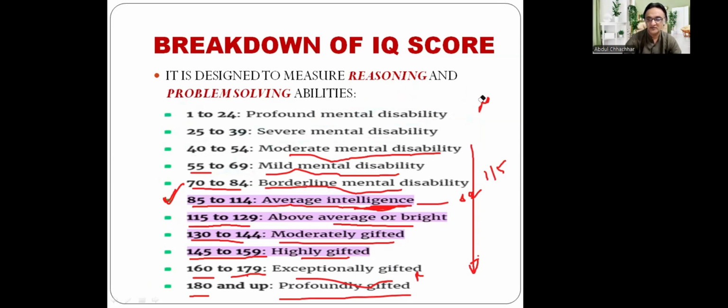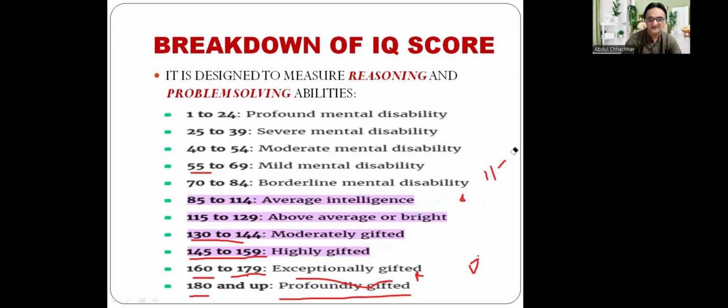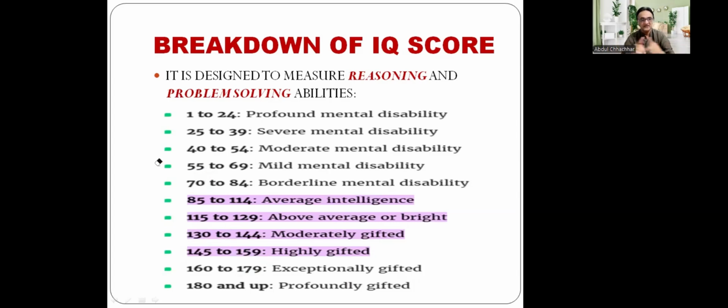So in general, the IQ level means not only intelligence, but the students' level of reasoning and problem solving, the abilities of reasoning and solving problems. That is the meaning of IQ level.